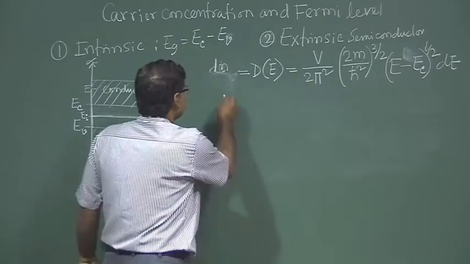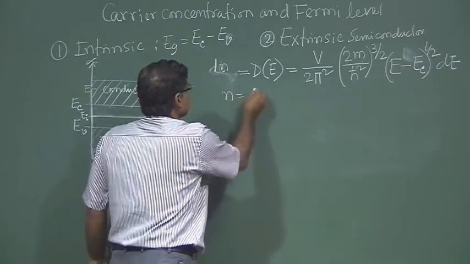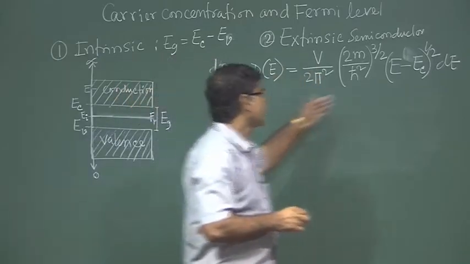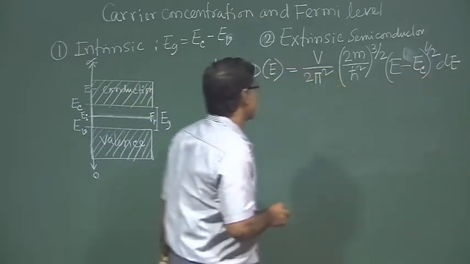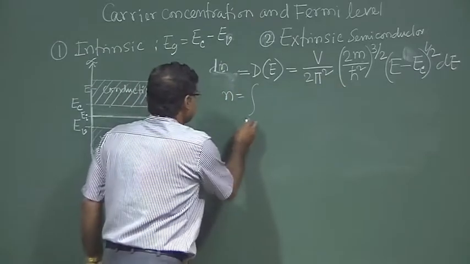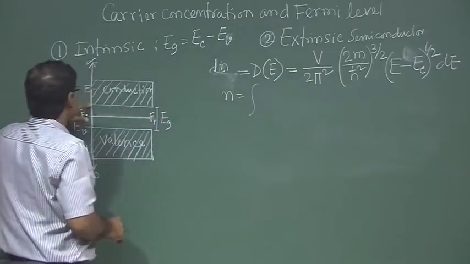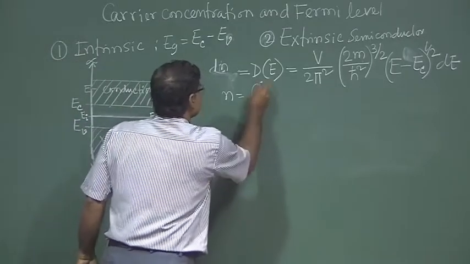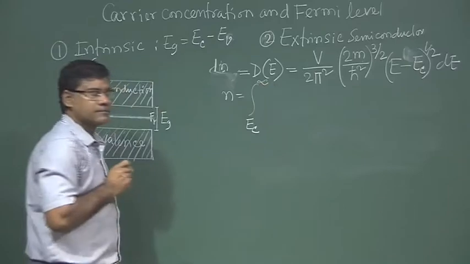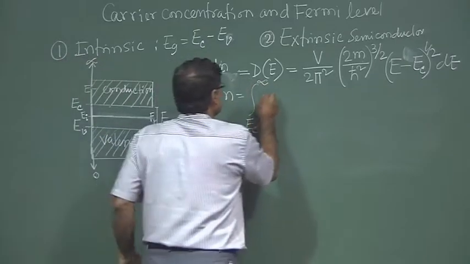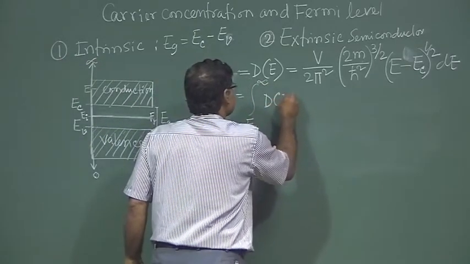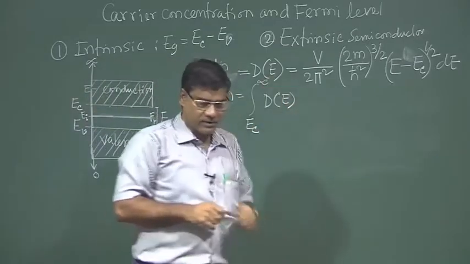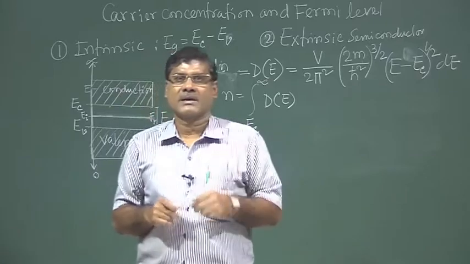So, N will be one has to integrate this over dE. What is the integration range? It will be EC to infinity, right. So, EC to infinity of the density of states, and we remember this density of states is basically for T equal to 0.